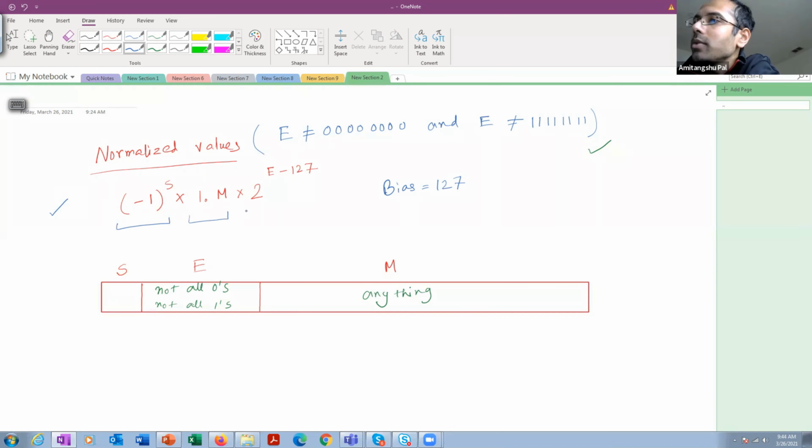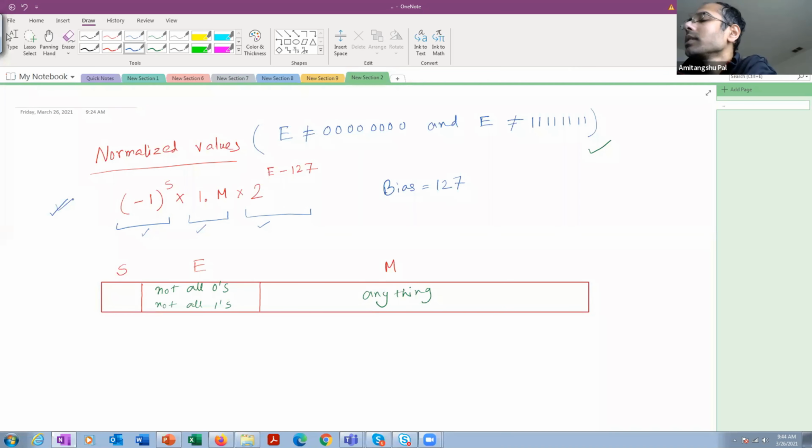Minus 1 to the power s cannot be 0, irrespective of the value of s. 1.m cannot be 0 either, because even if you put all the mantissa bits to be 0, 1.0 is still not going to be 0. And 2 to the power e minus 127 is also not going to be 0. 2 to the power anything cannot be 0. So neither of these three things is going to be 0. That means using this formula, I will not be able to represent number 0.